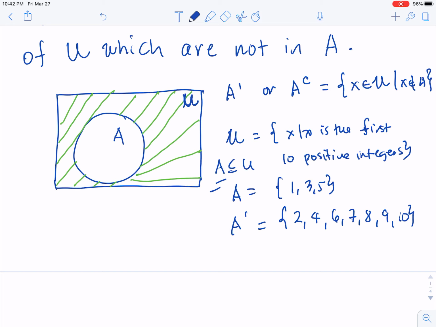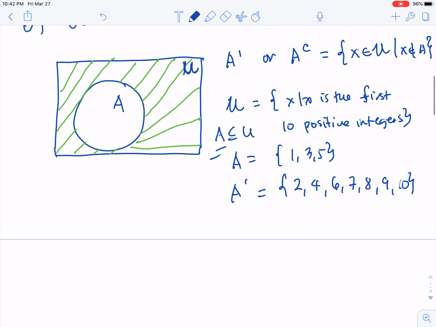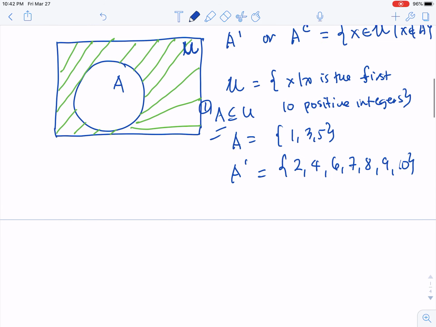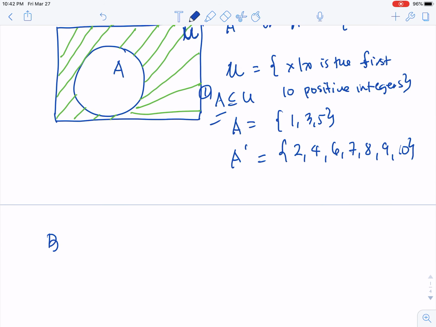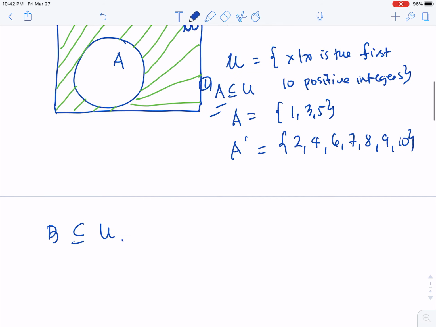Huwag natin kalimutan. Now, suppose that B, this is example 1. Suppose that B is also a subset of U. Yung U pa rin natin na pinag-uusapan. And B is 2, 4, 6, 8, 10.